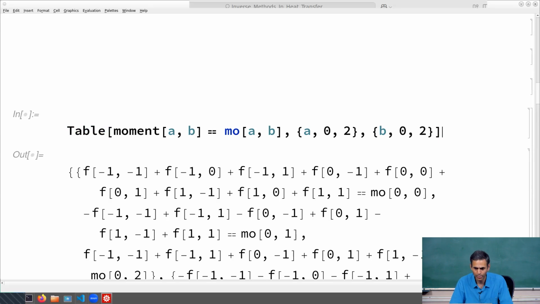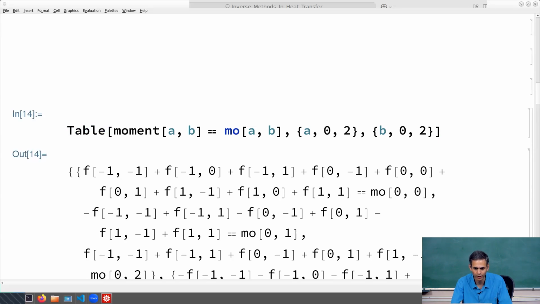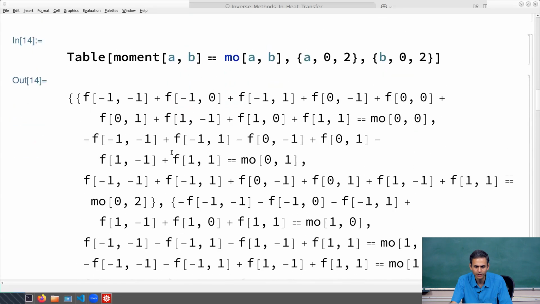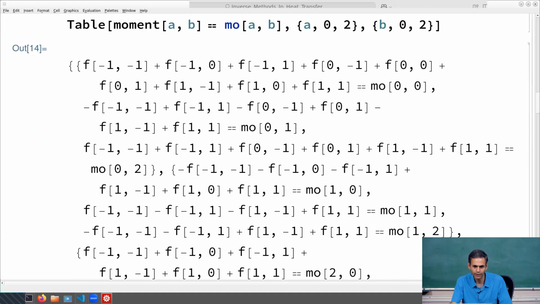Okay, so if I were to just run this one, it has executed this part. What it basically did is, as you can see, it has stored in M00, moment of 00 equals summation of all the distribution functions f, correct, which is the same as what we have done before, just the density equals this.